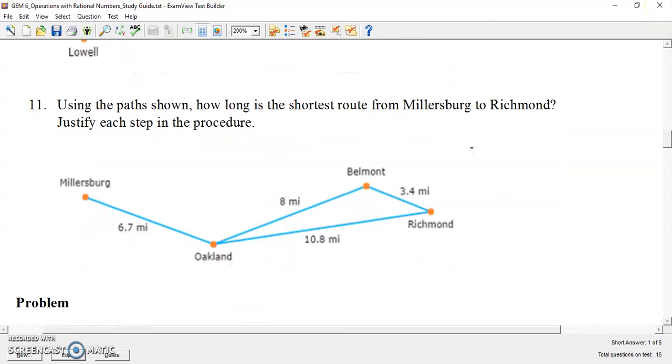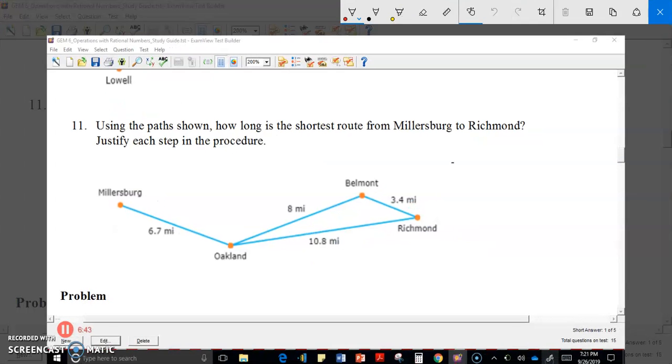Using the path shown, how long is the shortest route from Millersburg to Richmond? Justify each step in the procedure. Well, I want to go from Millersburg to Richmond. What is the shortest route? It looks like I have 2 possible routes. I can go through Oakland to Belmont, then to Richmond.